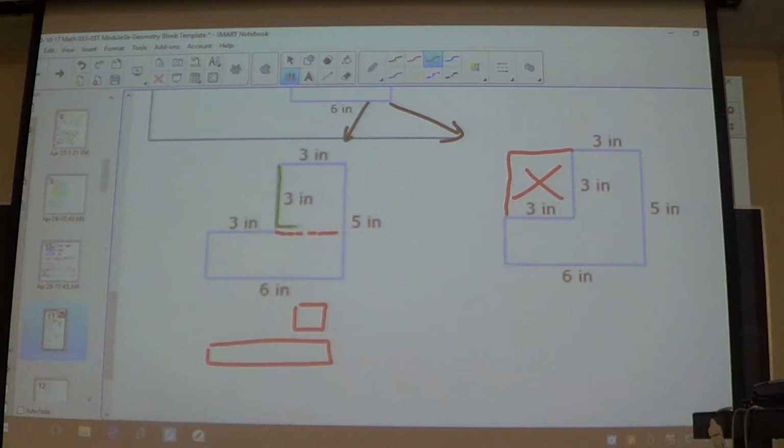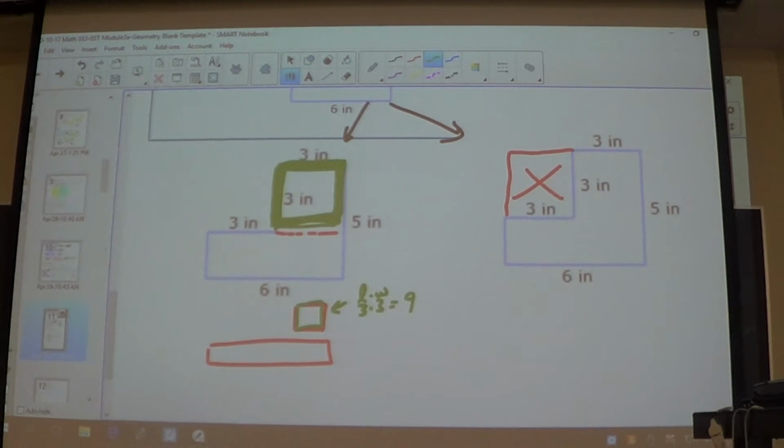If I do this, this is a rectangle, so I'm going to do length and width. What is the length and width of the chimney? What numbers am I tracing? 3 and 3. You with me? 3 times 3 is 9.